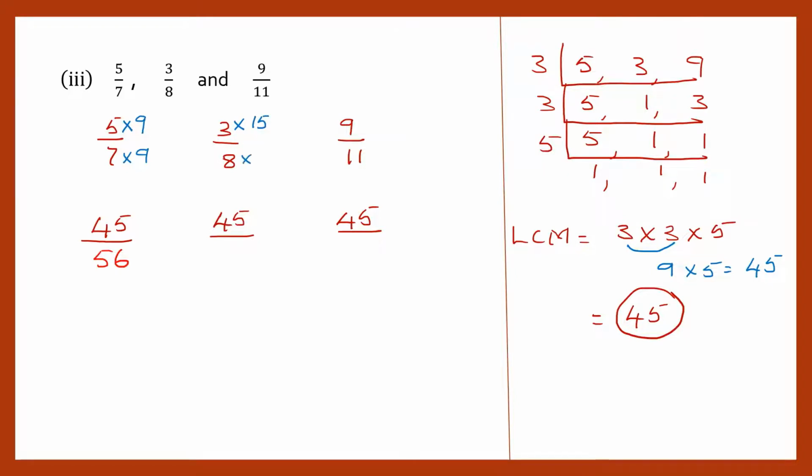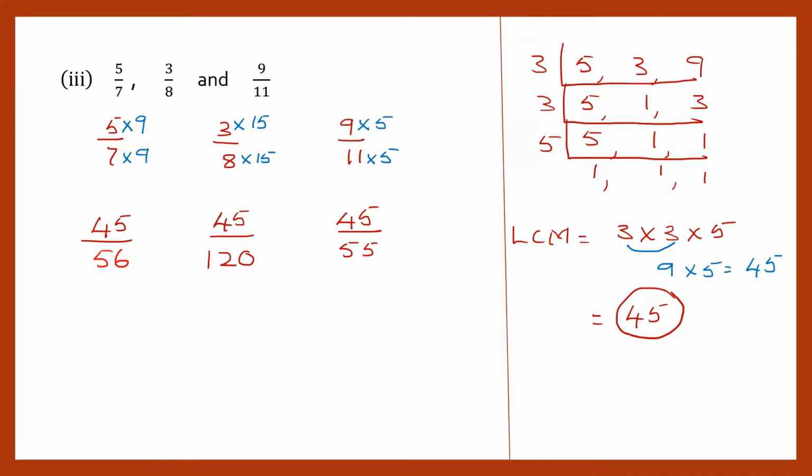So multiply 8 also by 15. If you multiply 8 by 15, you get 120. Let's go to the last one. 9 fives are 45. So multiply 11 also by 5. 11 fives are 55. So now we have like fractions.